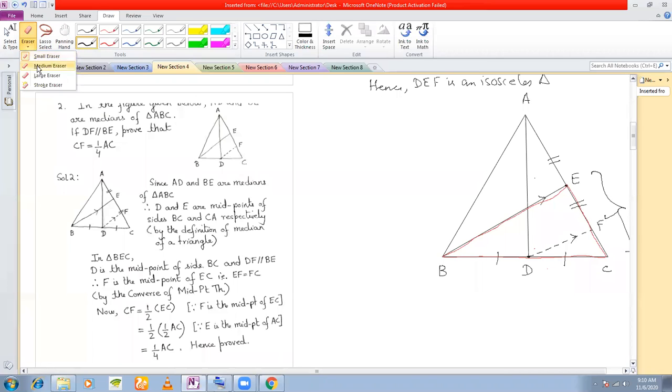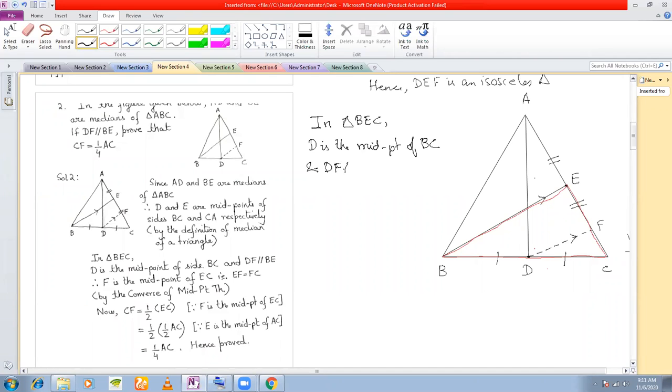Okay. So what I do here is I write: in triangle BEC, D is the midpoint of BC and DF parallel to BE.